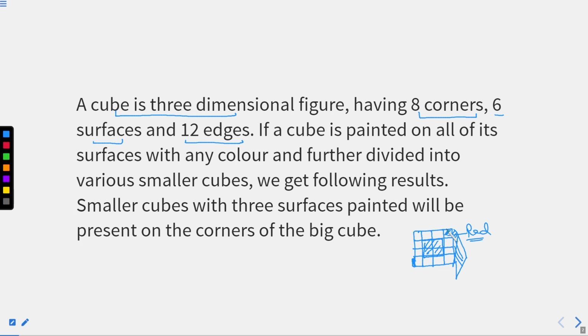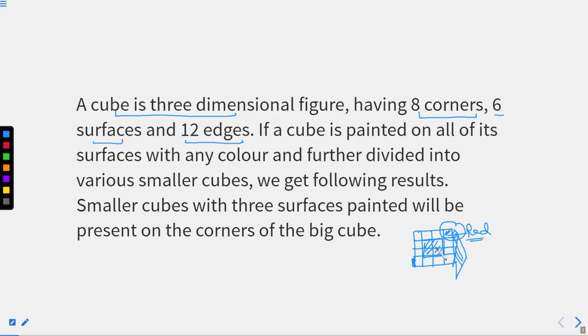In the similar manner, all those small cubes present at the vertices will have 3 sides painted, because every corner touches 3 surfaces. The small cube at the vertices has 3 sides painted, the one at the edge gets 2 faces colored, and the one at the center, neither on the vertices nor on the edges, gets only one face colored.